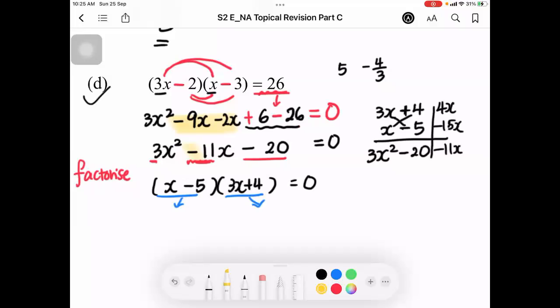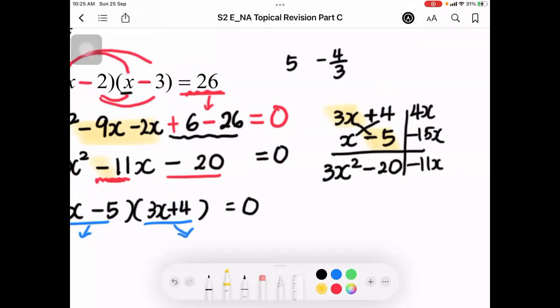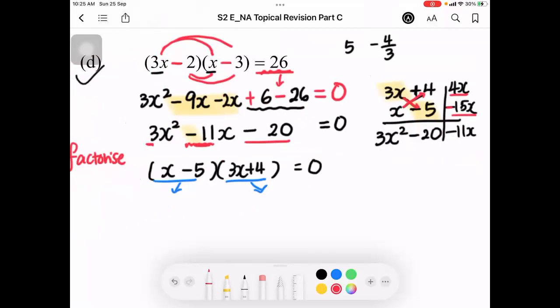You see, this is 3 times x times negative 5. When you do this working, you need to cross multiply. So 3 times negative 5 gives you negative 15 over here. Then x times 4 crossover gives you 4. If you cannot do this working, never mind. You use the calculator and write the answer over here. So it can be done.